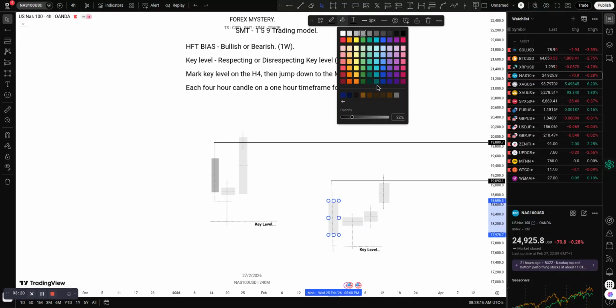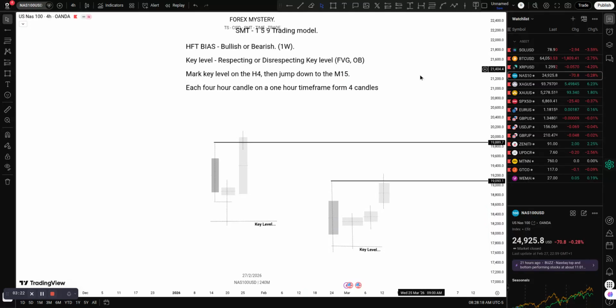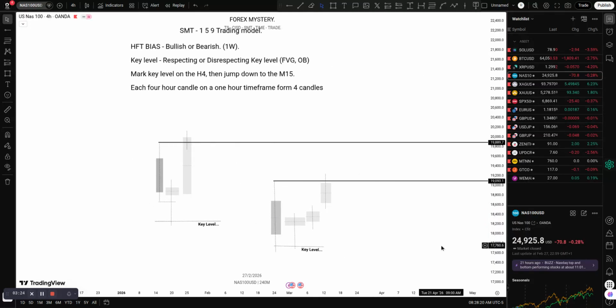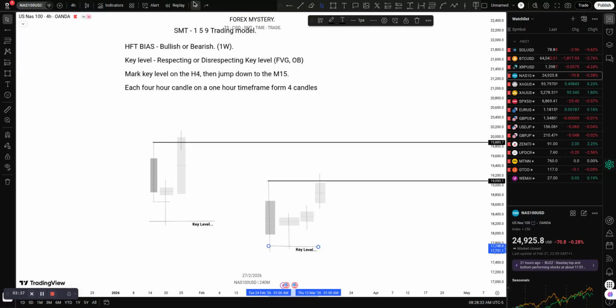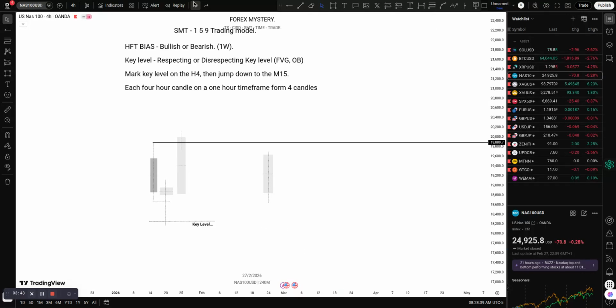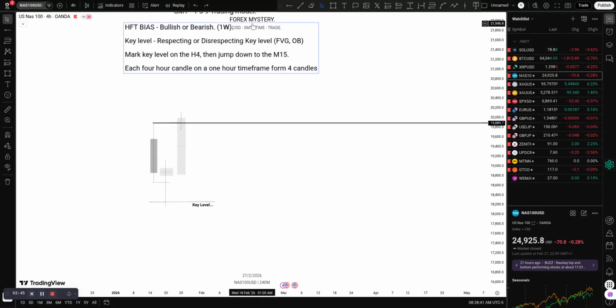Please forgive my drawings, I'm not that good at drawing, but I just want to emphasize something. It is around this key level area that I'm looking at. This is not actually correct, this GU one is not actually correct. But I'm going to use something like a diagram.